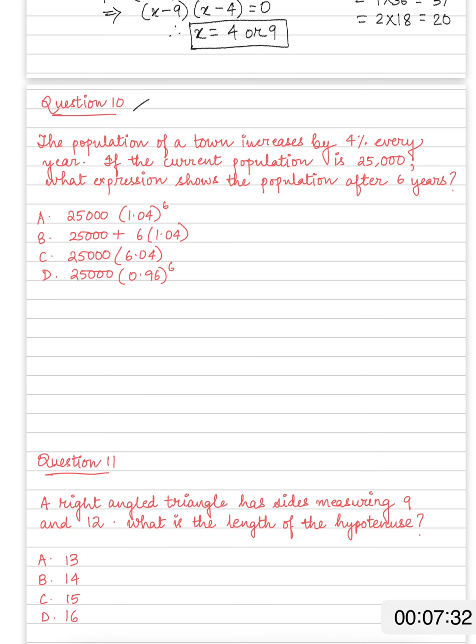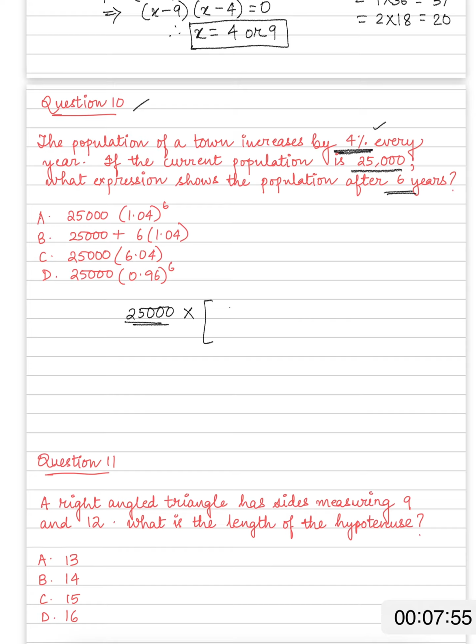Let's continue with it. The population of a town increases by 4% every year. Current population is 25,000. We need to find the population after 6 years. So since it is increasing by 4% every year, we have the initial 25,000, right?